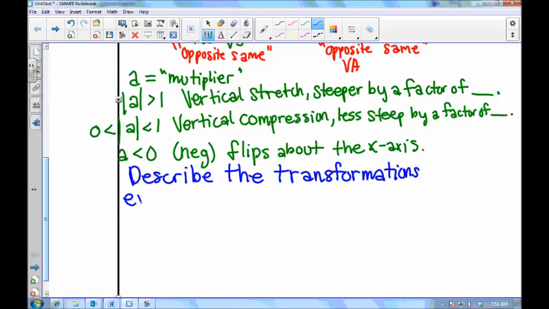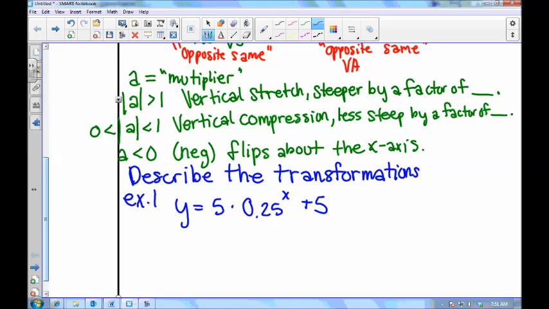Alright, example 1. You're going to have to do this on your homework. We're going to describe the transformations for y equals 5 times 0.25 to the x plus 5.